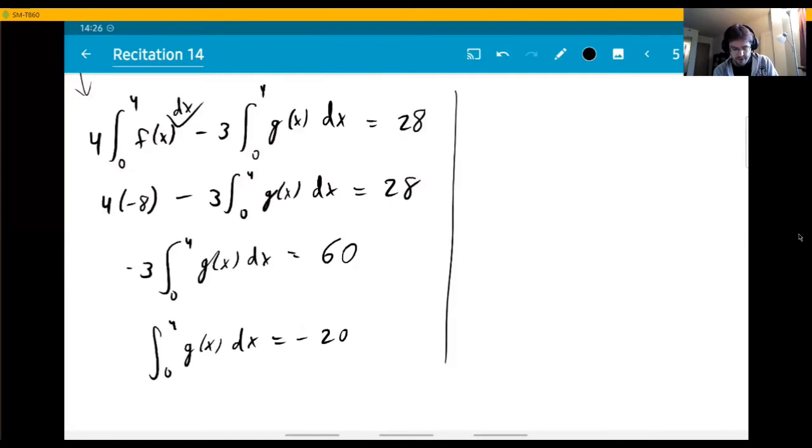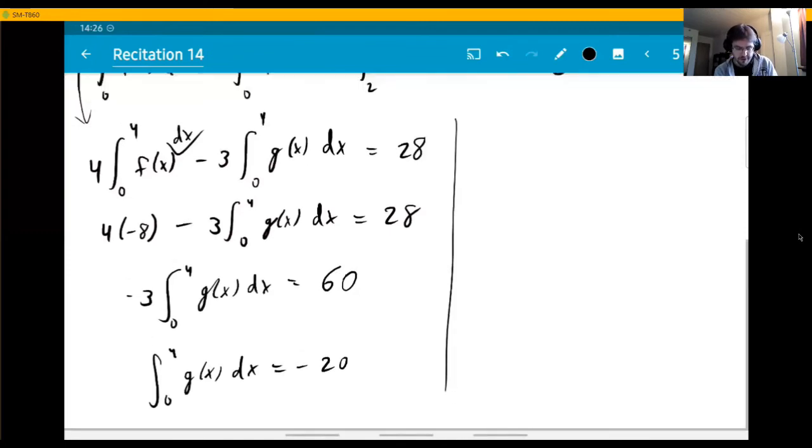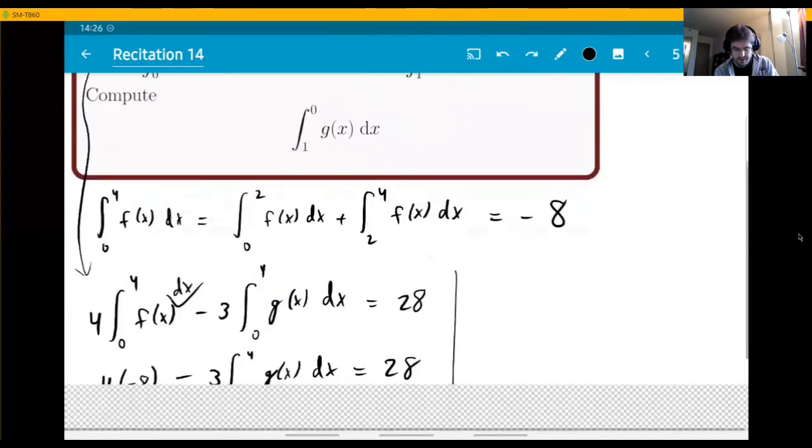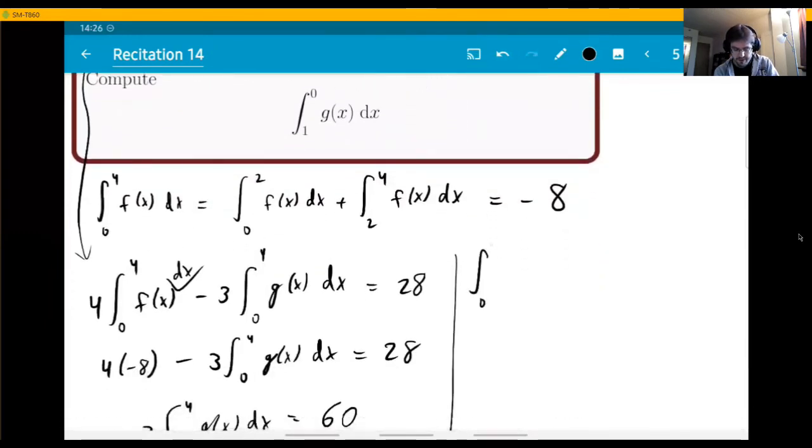Now I'm going to continue here. Why was this one useful? Well, now g from 0 to 4 is known, and we also know from 1 to 4. So you should be able to find from 0 to 1 by writing this. The integral between 0 and 4 is the same thing as between 0 and 1 plus 1 and 4. 0 to 4 we just discovered.